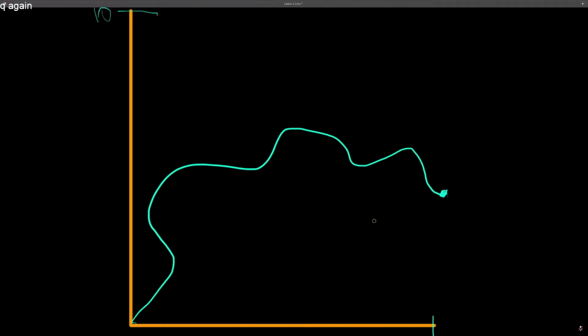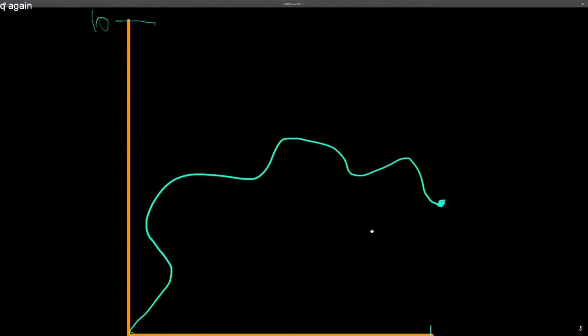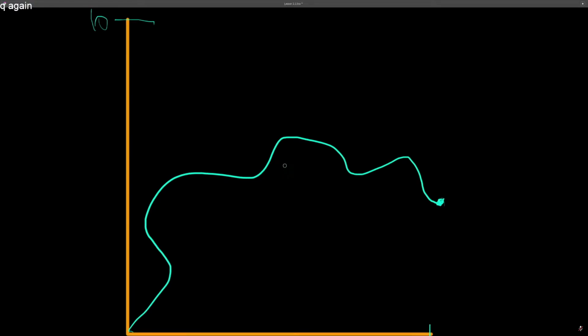Let's take this example right here. We have this number line, or this coordinate plane, and we have a path here. Let's call this path AB. Now, if we were to take the distance, the entire distance of this path, then we have to go through the entire length of the path.